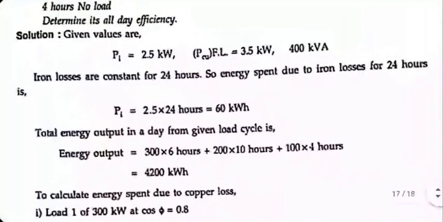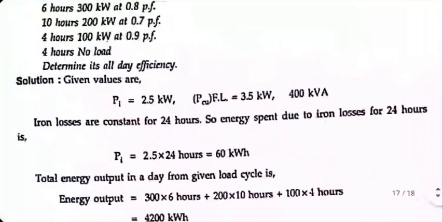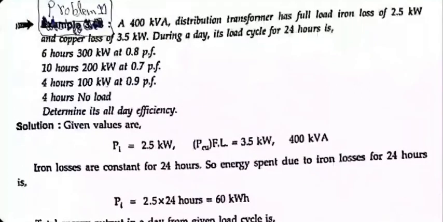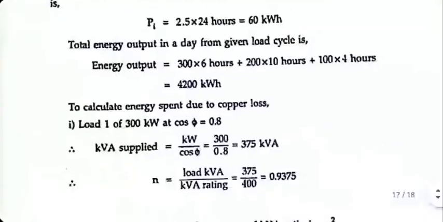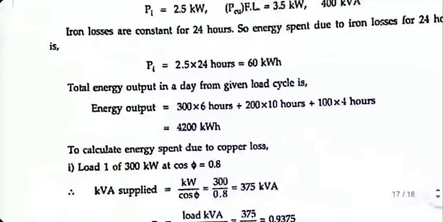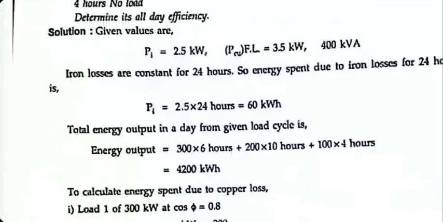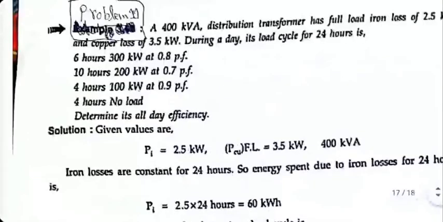Now, total energy output in this period, we'll come to copper loss later. For 6 hours, you are drawing 300 kilowatt at 0.8 power factor. 300 kilowatt multiplied by 6 hours is the energy output in that period. Forget power factor for now. For 10 hours, you are drawing 200 kilowatt.